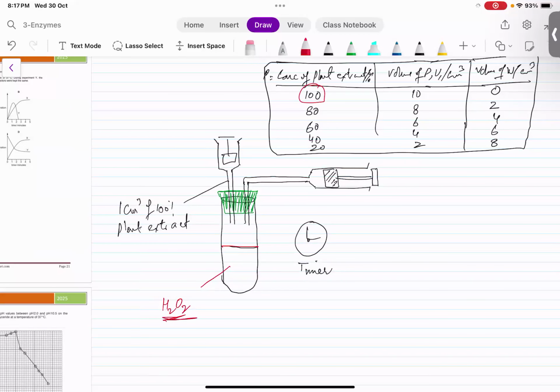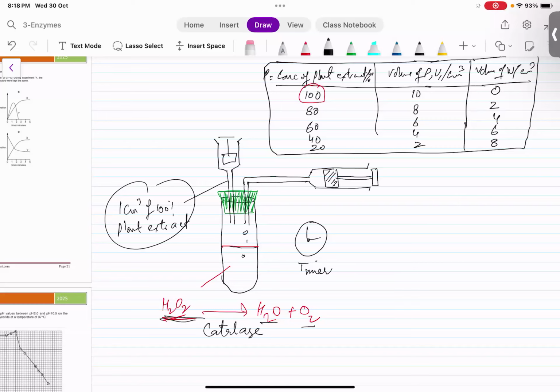This hydrogen peroxide will be broken down to water and oxygen by the enzyme catalase. The plant extract contains the catalase enzyme, and this catalase enzyme will break down hydrogen peroxide into water and oxygen. Oxygen will be liberated out of it, and that will be collected here in this syringe.